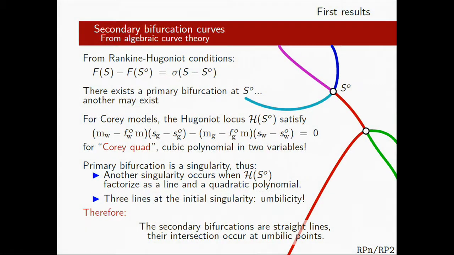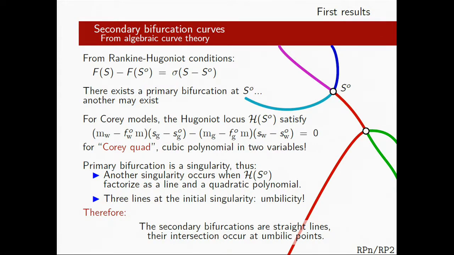The first thing that I studied when I started with conservation laws was the secondary bifurcation curve, for example. If you take the Rankine-Hugoniot condition, you know that there is a bifurcation at the very beginning of the Rankine-Hugoniot condition, and you can find another singularity.